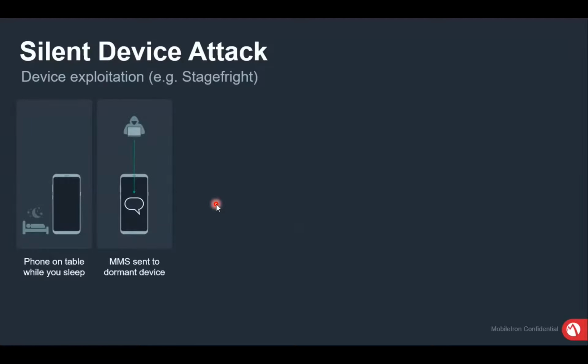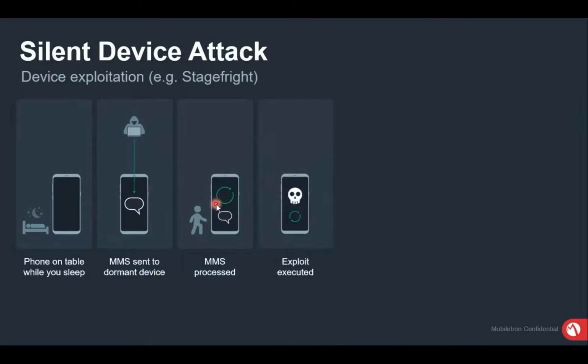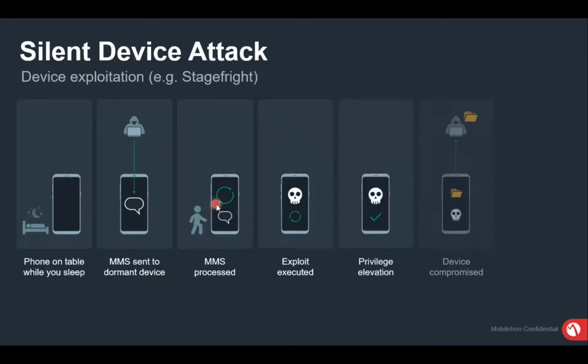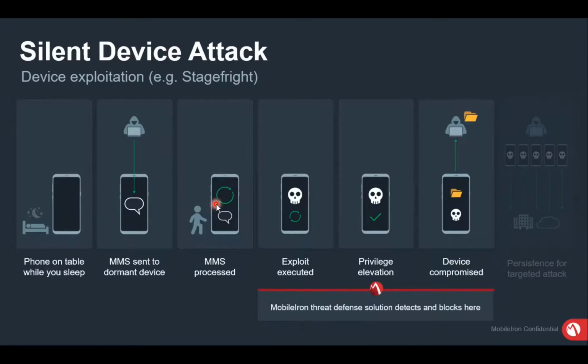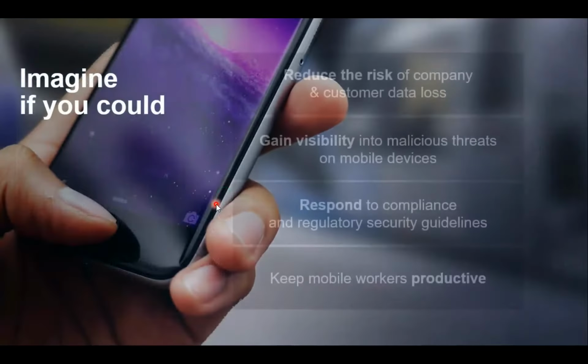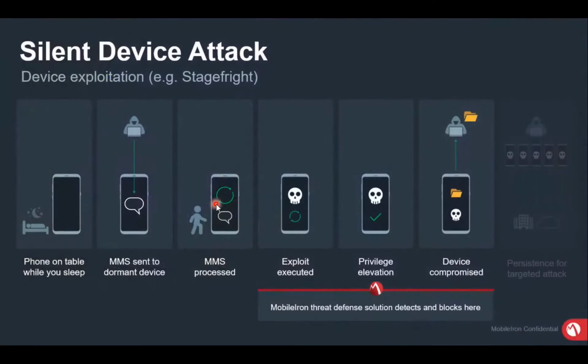This can even happen while you're sleeping or have your mobile on charge. With MTD, the moment a file tries to do anything malicious, anything it's not supposed to do, or any exploit gets executed, it will stop right there and make sure the device does not get compromised.